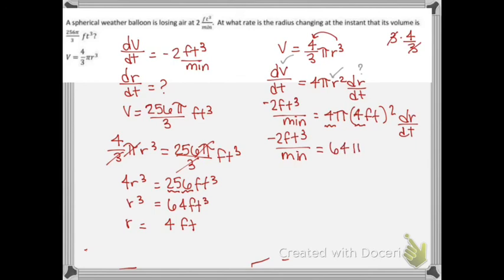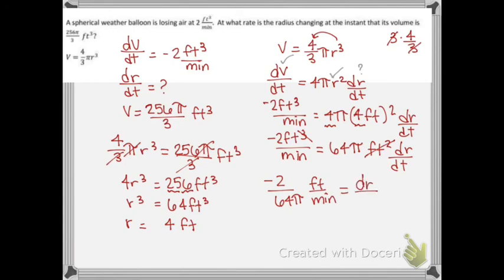So our coefficient on the right is 64 pi feet squared dr/dt. So let's divide a feet squared out of both sides, and that's going to take care of that cubed on the feet. Then we're going to divide both sides by that 64 pi, so we get -2 over 64 pi feet per minute.